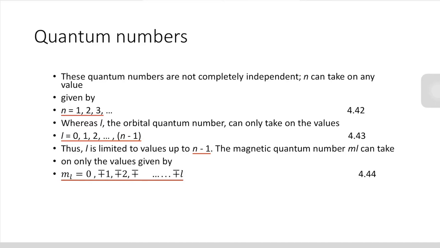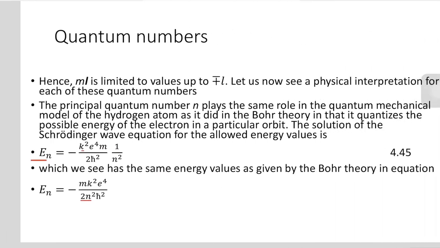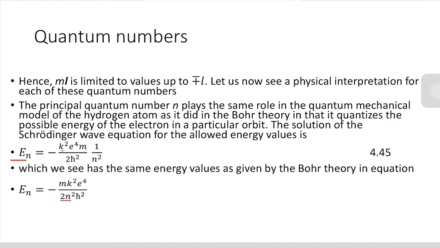Thus, L is limited to values up to n minus 1. The magnetic quantum number m sub L can only take on the values m sub L equal to 0, plus or minus 1, plus or minus 2, up to plus or minus L. Hence, m sub L is limited to values from minus L to plus L.